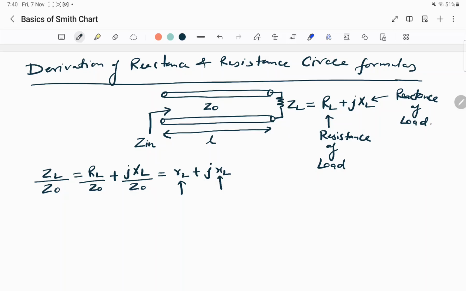So the small case letters represent the normalized resistance and normalized reactance of the load. So we can simply write small zL is equal to r_L plus j x_L, where this small zL is nothing but the normalized load impedance, which is capital ZL divided by Z0. Okay, alright. Now let's move forward.